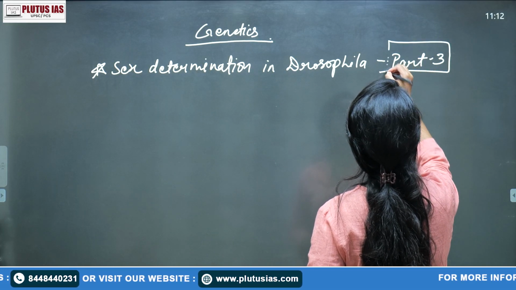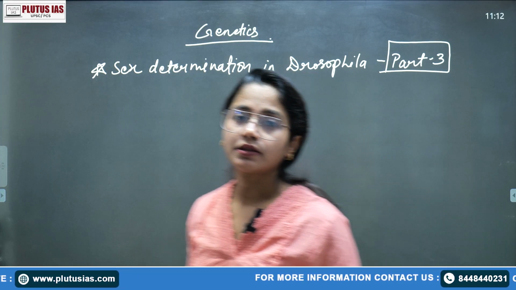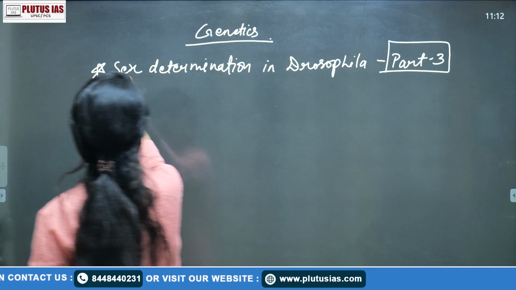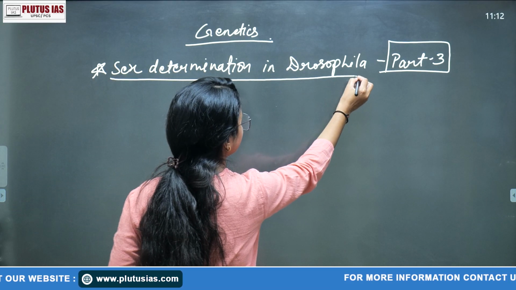We are going to cover part 3, but there are mainly 4 types of sex determination in Drosophila. What are the 4 types?